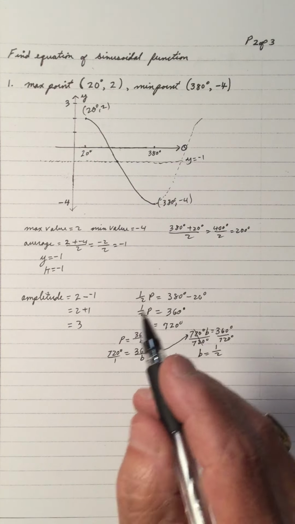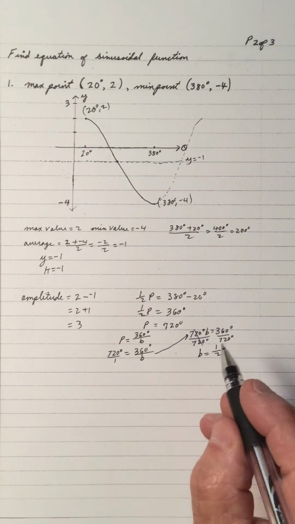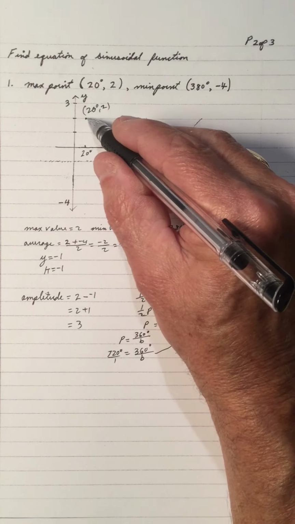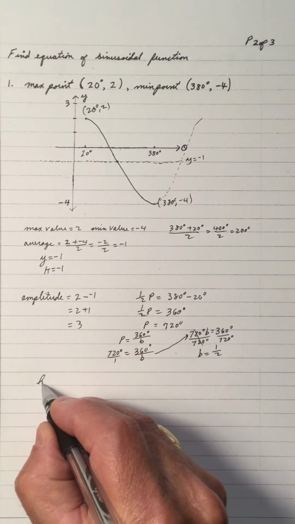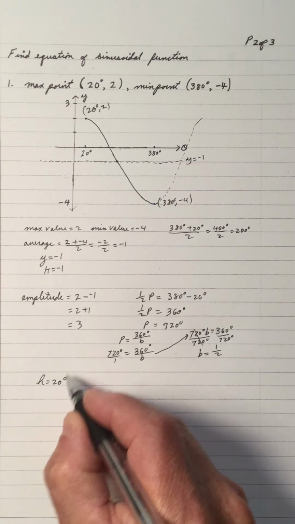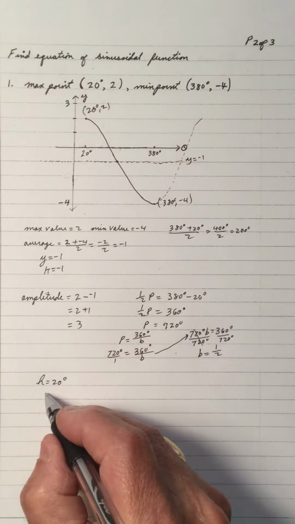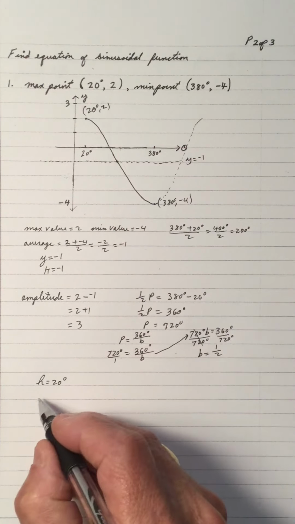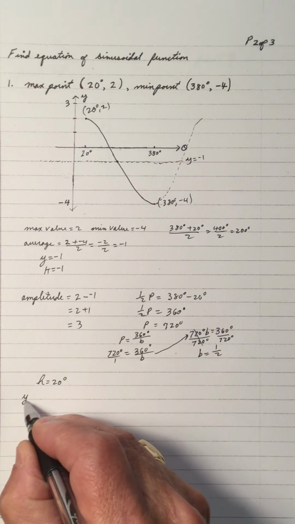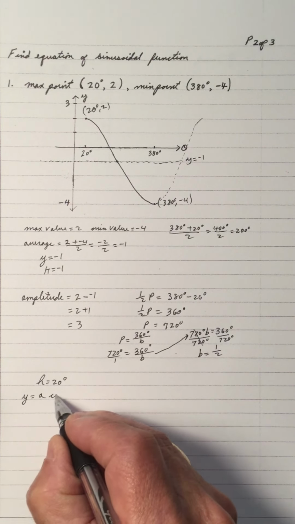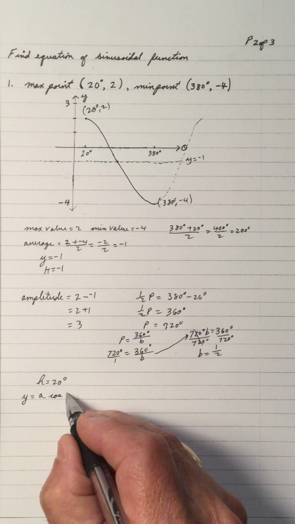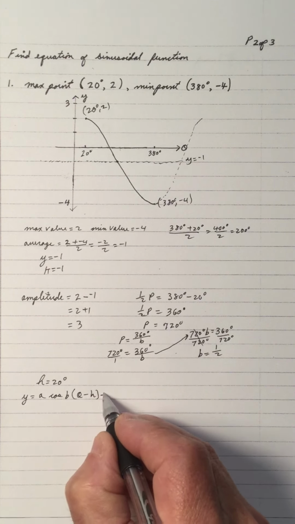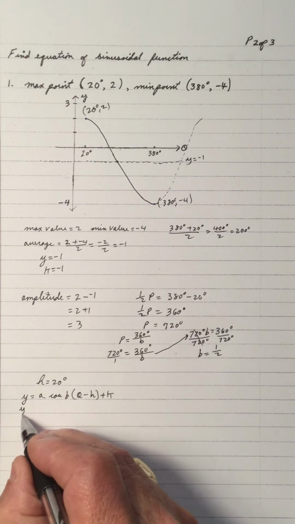So now we have the k, the a, and the b. Let's pick up from 20. Let h be 20 degrees. Notice that we're starting from here, so it's a cos graph. So we have y equals a cos of b times theta minus h, plus k.